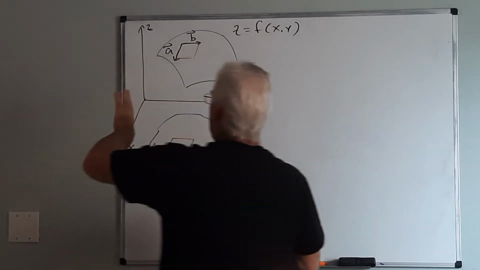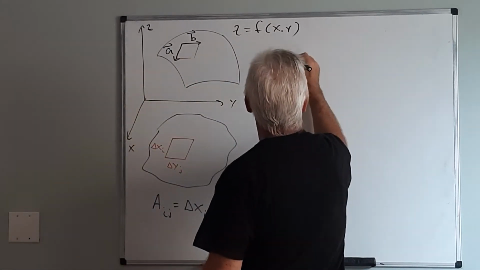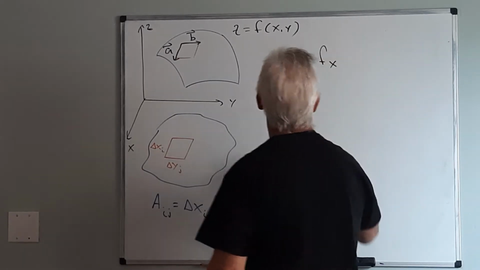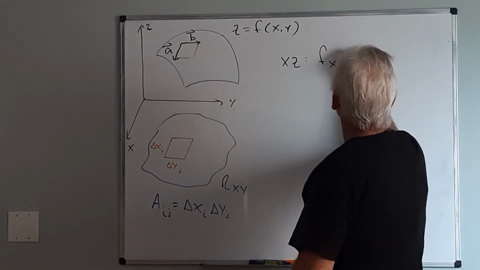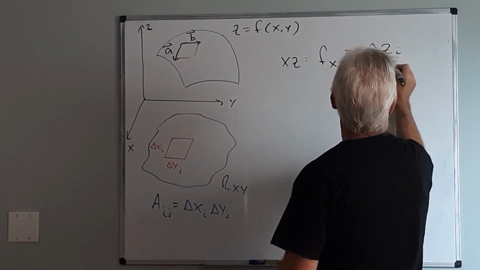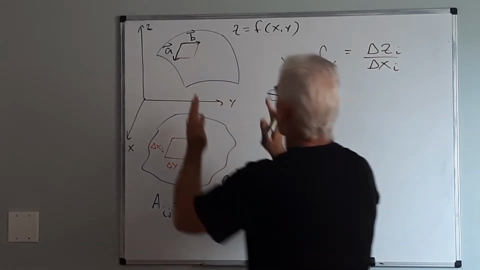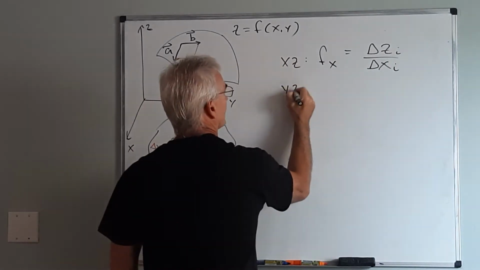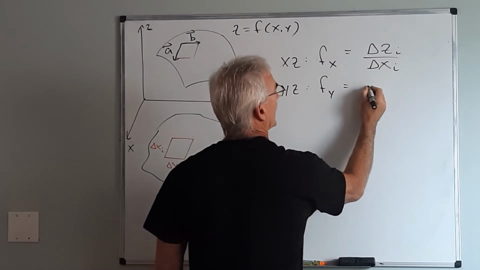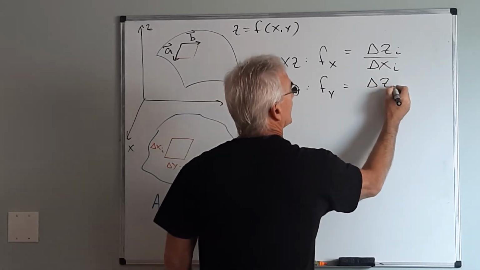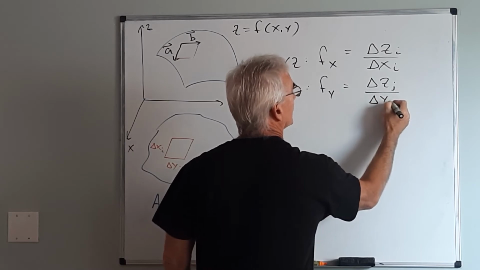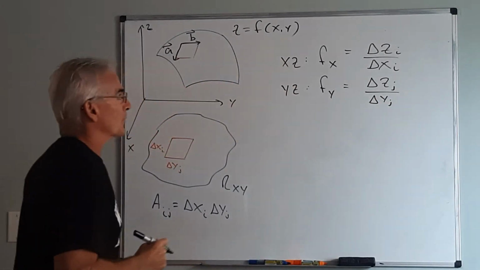If I'm looking at the xz plane, the slope is the partial with respect to x, which would simply be delta z_i over delta x_i. If I'm looking at the yz plane, the slope is the partial with respect to y, which would be delta z_j over delta y_j. Think of this like rise over run.